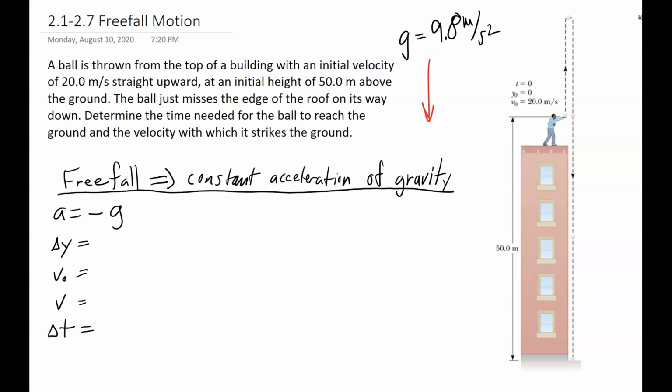So what we say here is that the acceleration a is equal to minus g. g is just a positive number, 9.8 meters per second squared, so we put the negative sign in front. So this is always the case if you have free fall. We know exactly what the acceleration is. It's constant. It's equal to negative 9.8 meters per second squared.